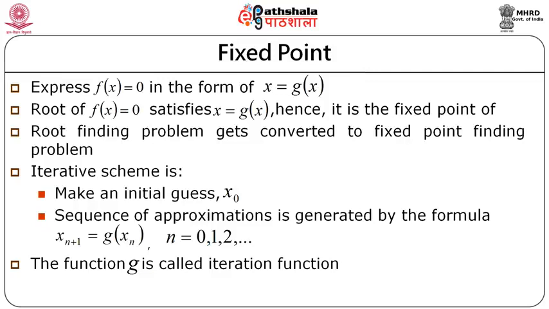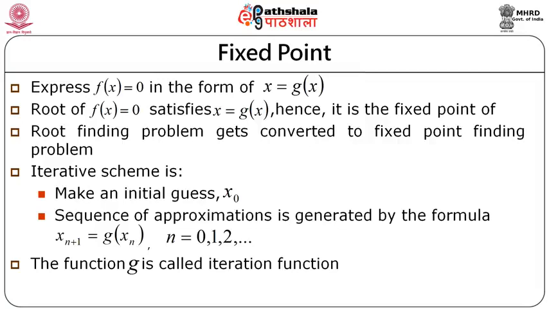So, the iterative scheme of this successive approximation method is to make an initial guess x 0. The method of making the initial guess x 0 can be the same as we employed in our previous methods, so that x 0 is quite near the root, and then we find successive approximations. The sequence of approximations is given by the equation x n plus 1 is equal to g x n.